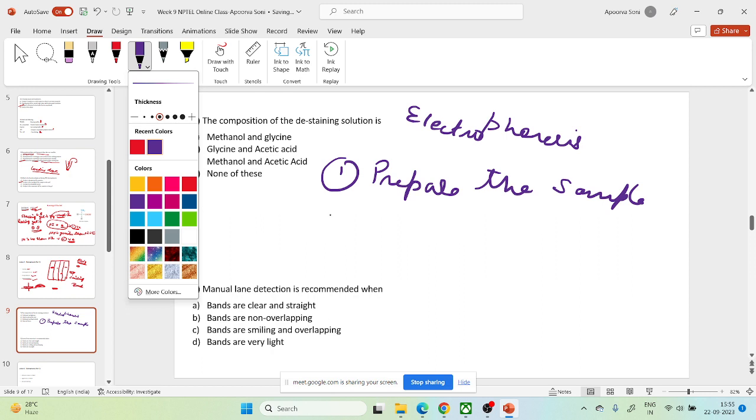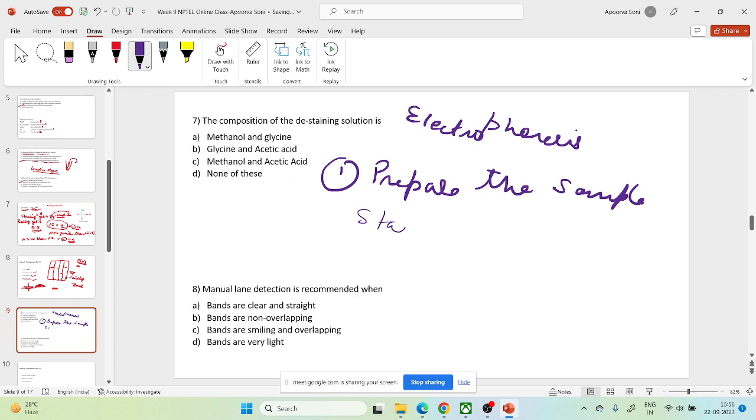After preparation of the sample, you make your resolving gel and stacking gel. You first add your resolving gel, then you add your stacking gel, and then you add your comb. When your gel solidifies, you add the sample, and first it will get stacked and then it will resolve.